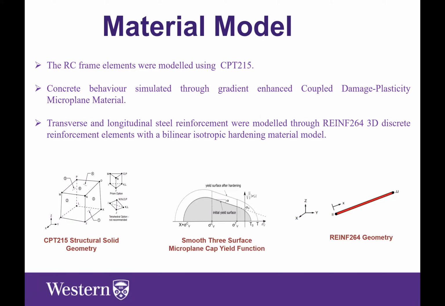Our reinforced concrete frame elements were modeled using an element in ANSYS called CPT 215. This is an 8-node coupled pore pressure solid element, as you can see over here, that supports a smooth surface cap microplane yield function. What do I mean by that?